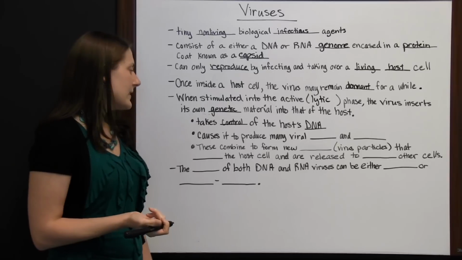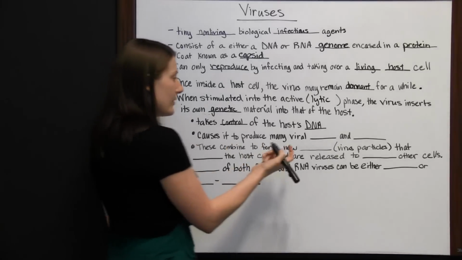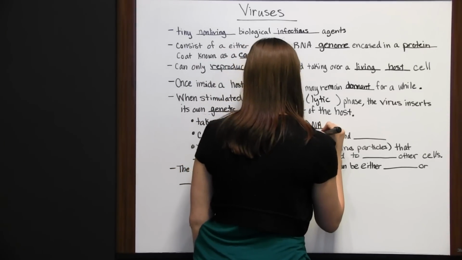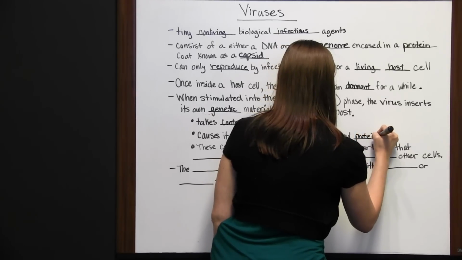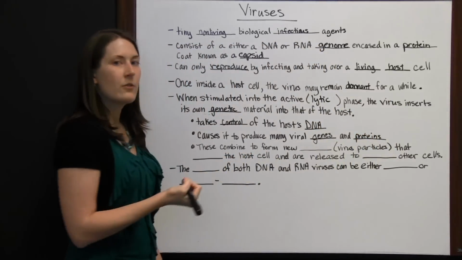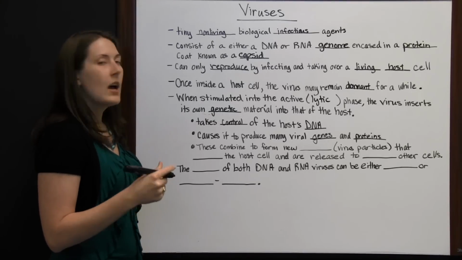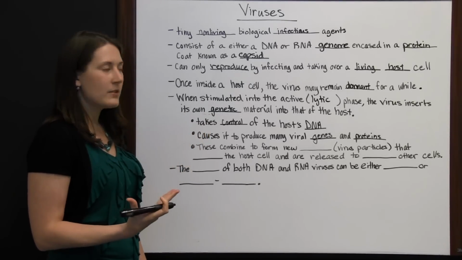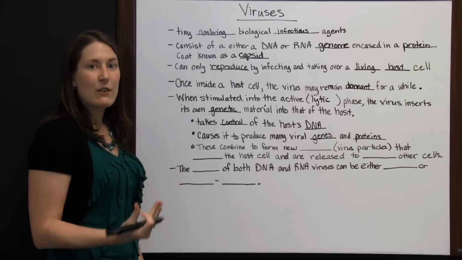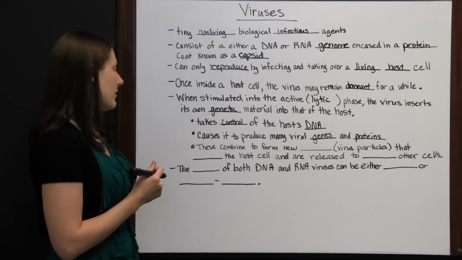It causes the host cell to produce many viral genes and proteins. So once it gets in there, it starts saying reproduce, reproduce, make more genes and proteins. And the ones that this cell is making are going to be new viral proteins and genes instead of the normal cell's genes and proteins.